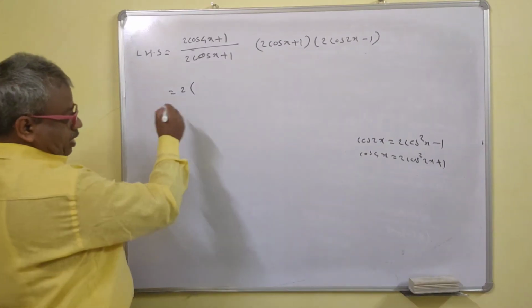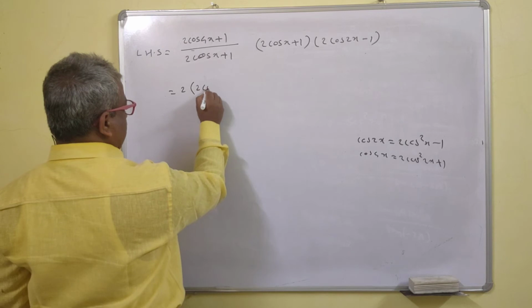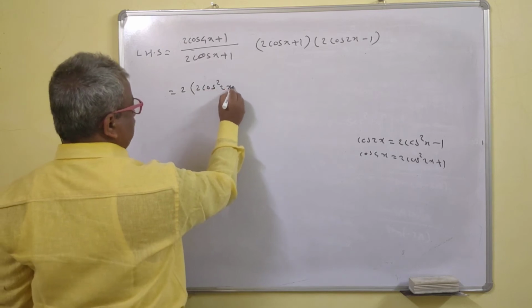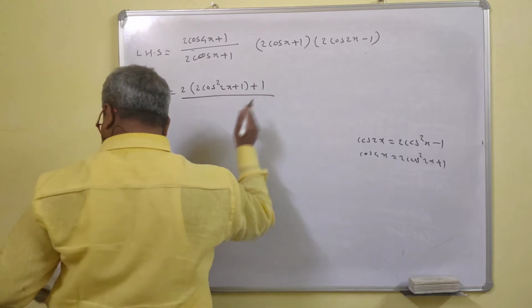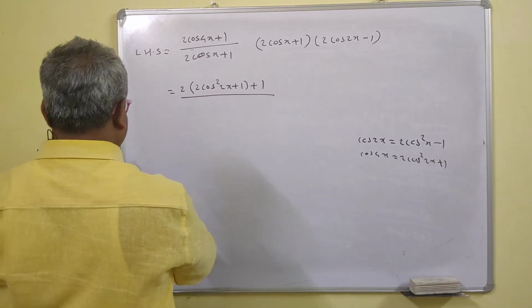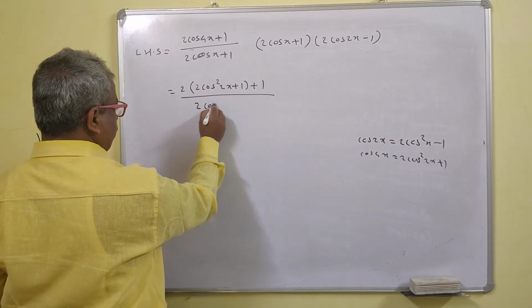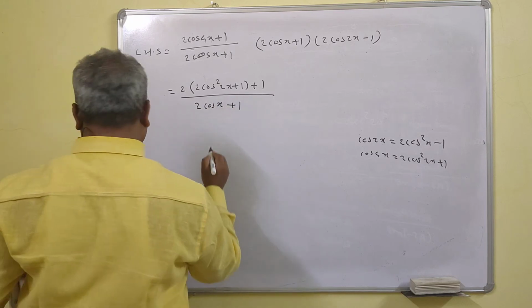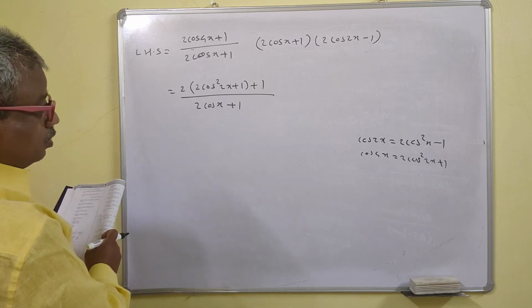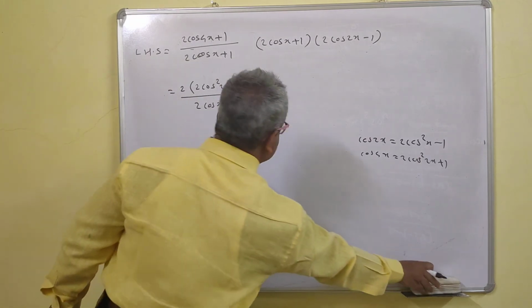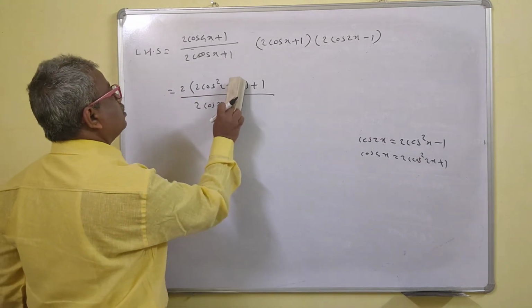Right? Okay, so I will write here 2 cos square twice x plus 1 upon 2 cos x plus 1. So here you have to write a minus sign.